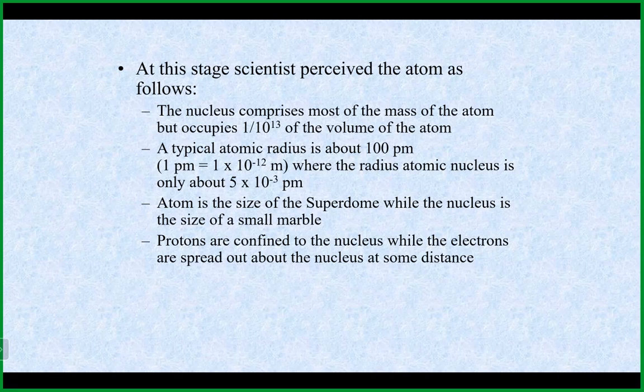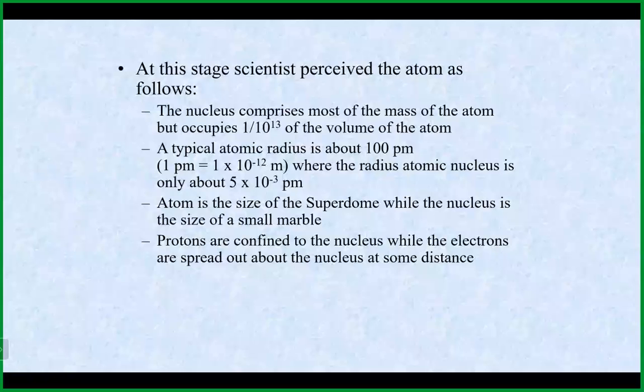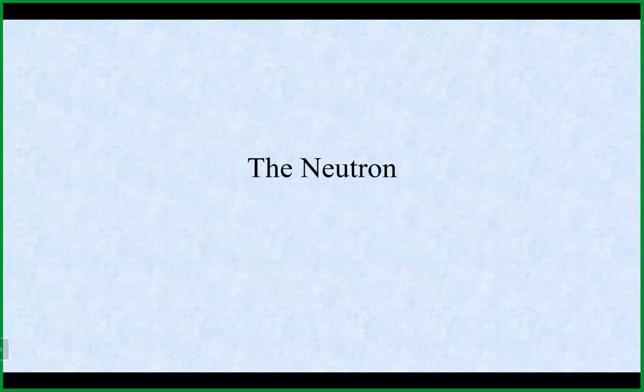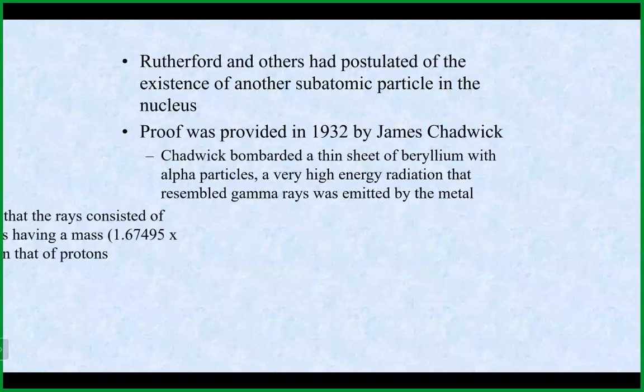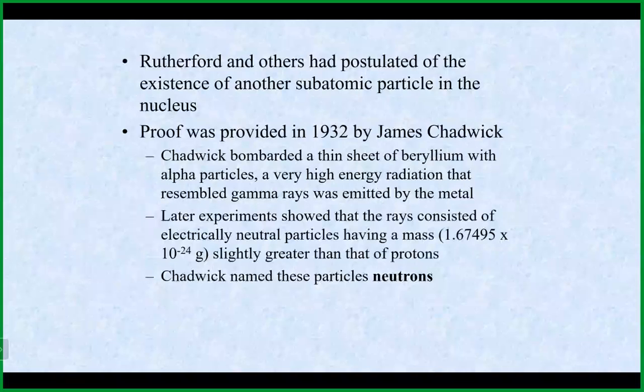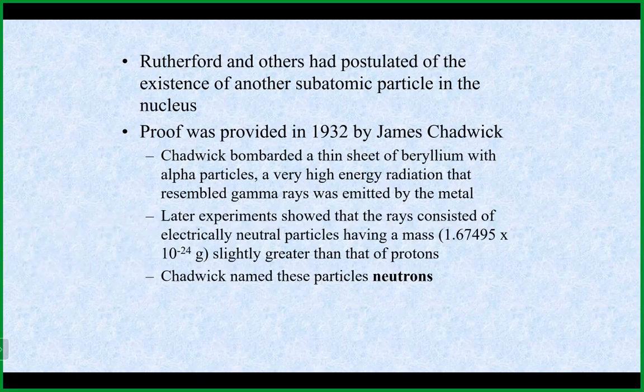So there was always a thought that in addition to protons and electrons, there was one more subatomic particle that was present, and that was the neutron. And it wasn't until about 1930 that Chadwick did a bunch of experiments that resembled the use of X-rays, which is similar to gamma rays. And he discovered the presence of that third particle, which is the neutron.